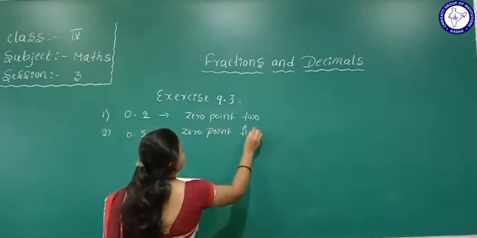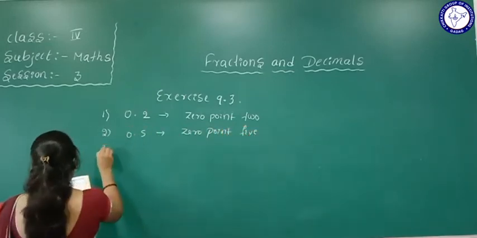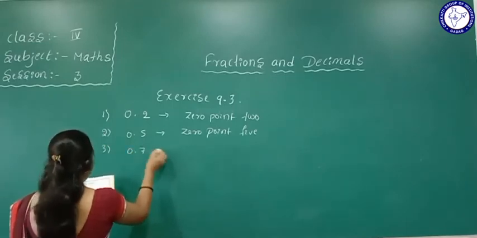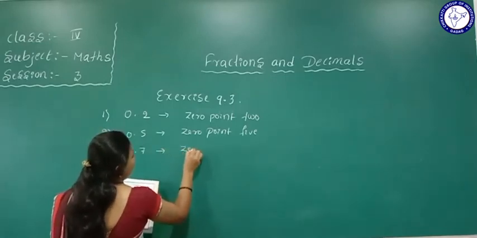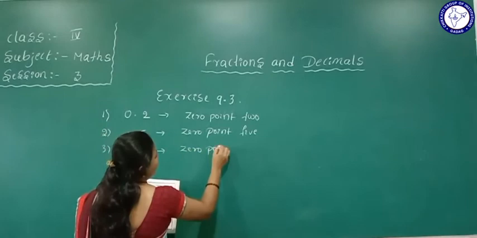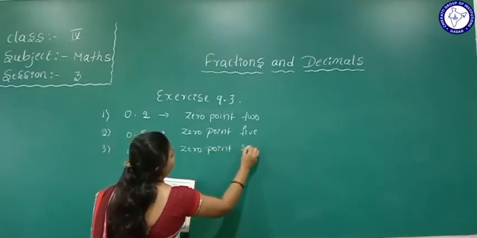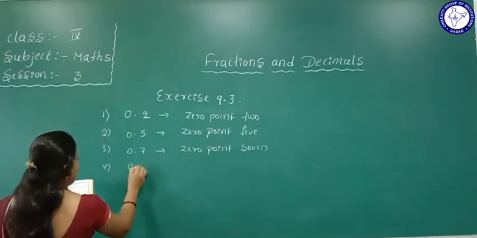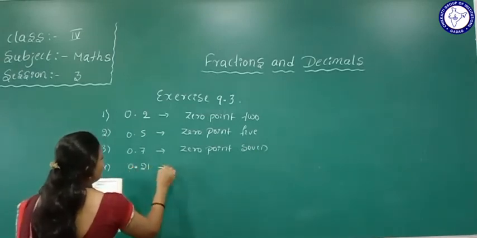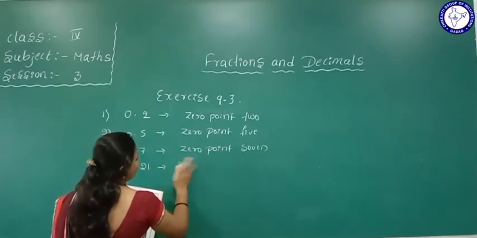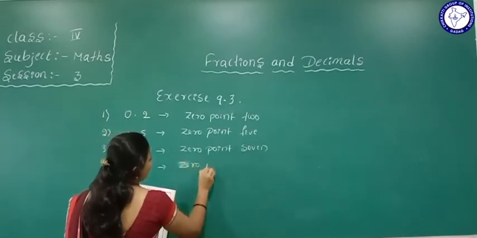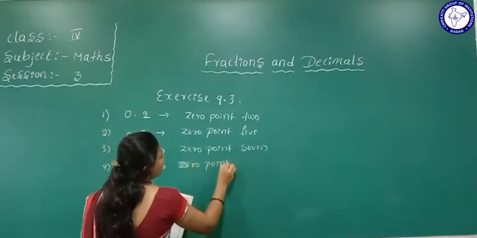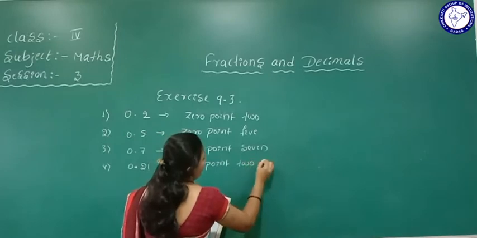Okay, third one 0.7. Okay, fourth one 0.21.